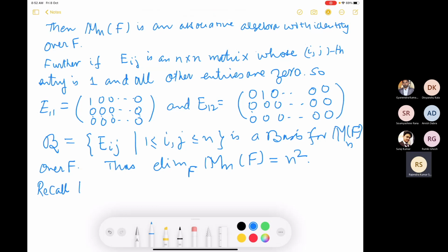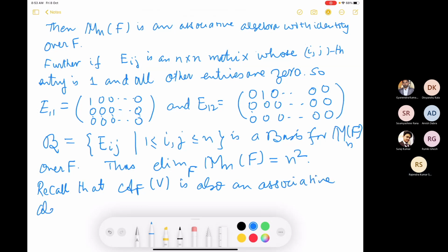And also recall that the algebra A(F,V) is also an associative algebra over F of dimension n squared.